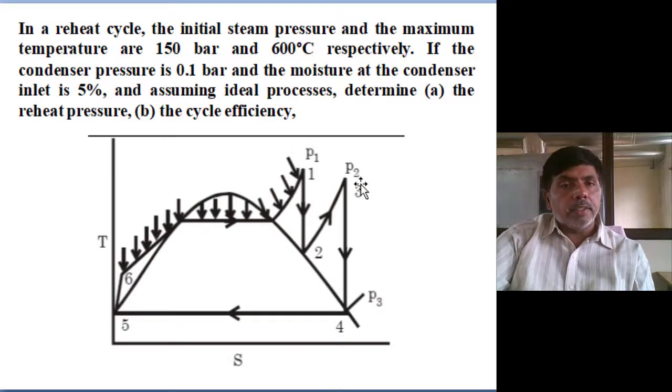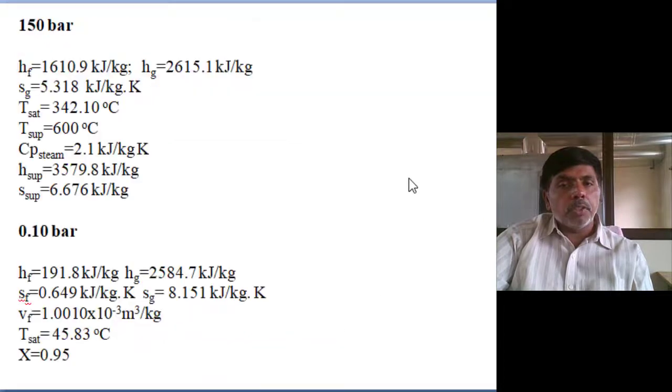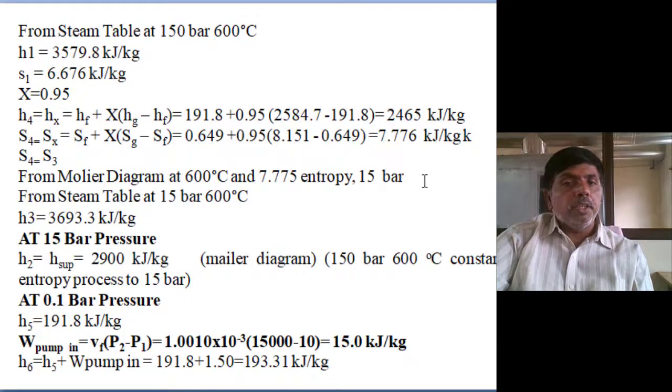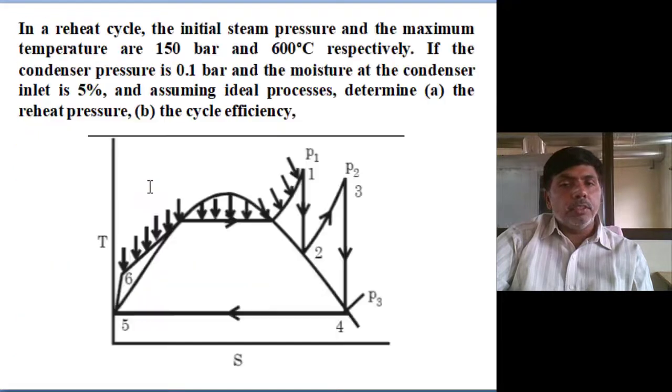Mark the point where it intersects the pressure line. The intersection pressure value you will get is 15 bar. From the intersection point, directly you can extract the H3 value.